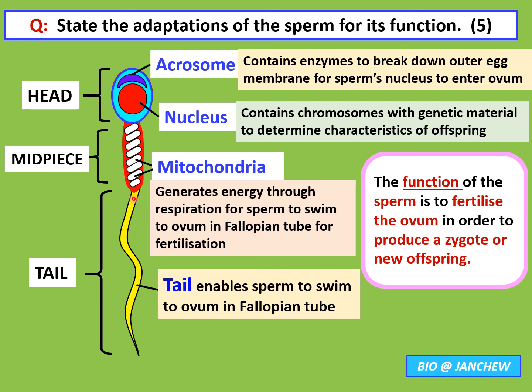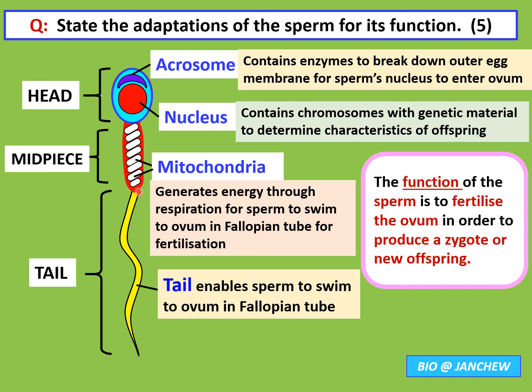Okay, so this mitochondria is like the fuel for an object, like for example, the fuel for a space shuttle. So the mitochondria will generate energy because the sperm needs a lot of energy to swim through the uterus, up the uterus to the fallopian tube.